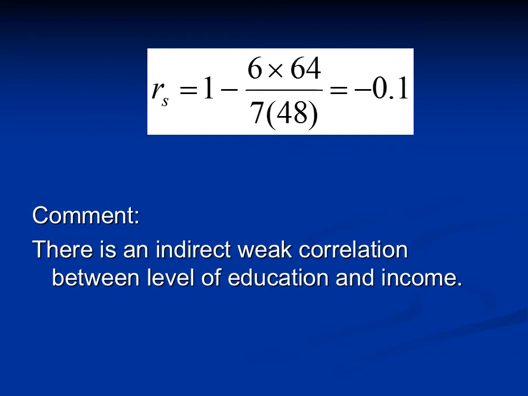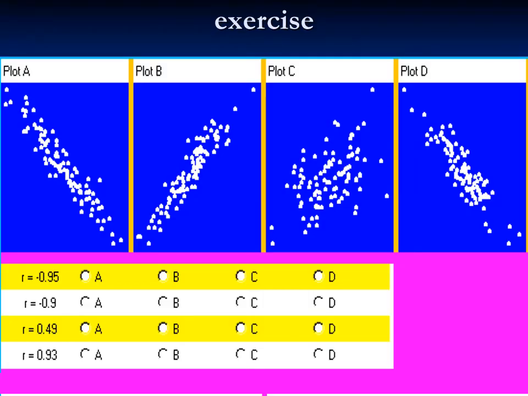But I told you indirect and negative mean the same thing when it comes to interpretation of correlation, just like direct and positive mean the same thing. So you could either use the word indirect, or inverse, or negative. So negative or indirect or inverse weak correlation between the level of education and income. That is what the comment would look like.